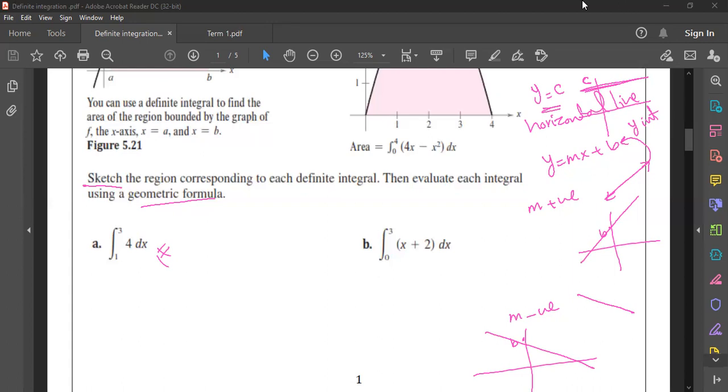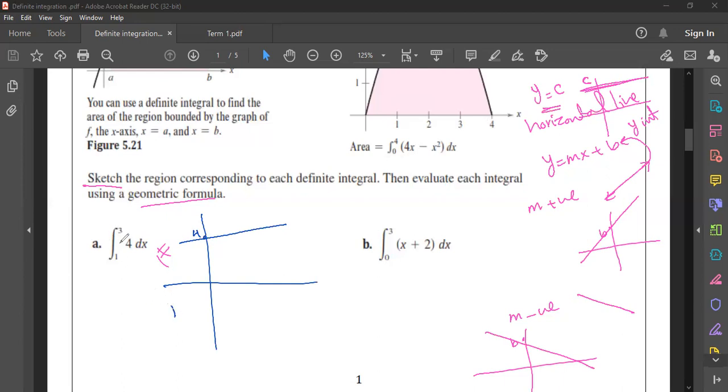Look here, let's solve this problem. I reminded you of the sketch of some functions, okay? How to draw this one? This is a horizontal line passing through 4, that is the y-intercept.